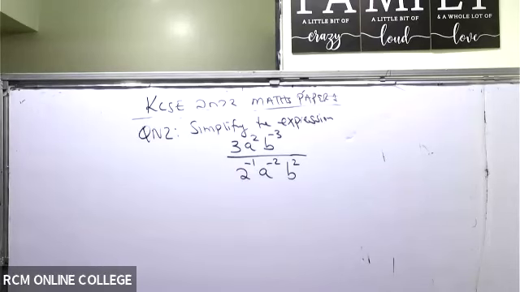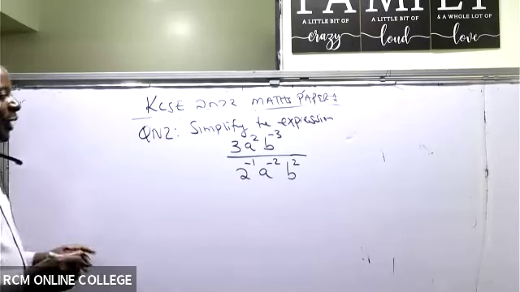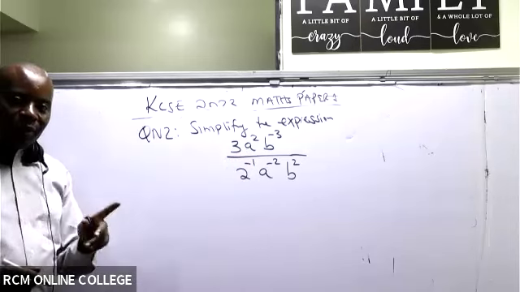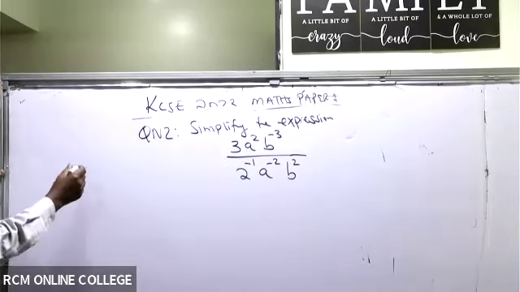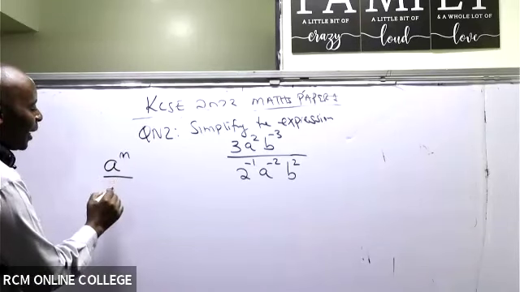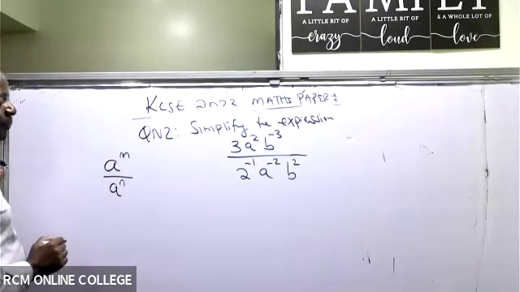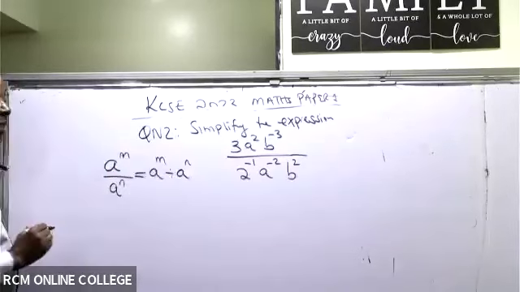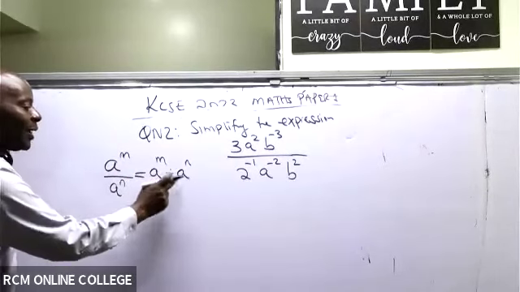Ladies and gentlemen, I know the laws of indices, especially as regards division. Remember, if you are given a^m divided by a^n, this is the same as saying a^m divided by a raised to n.